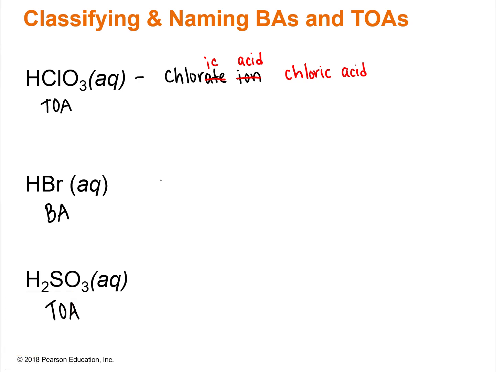Your second one, it's a binary acid. So you start with hydro. Your non-metal here is bromine. So we're going to keep that first syllable. Get rid of everything else.